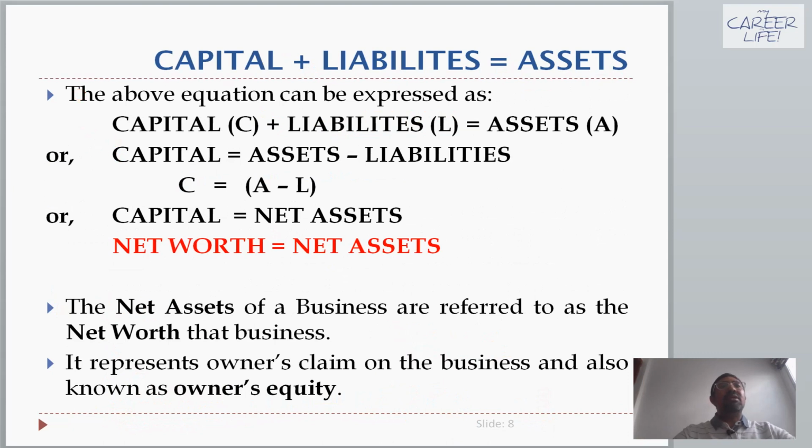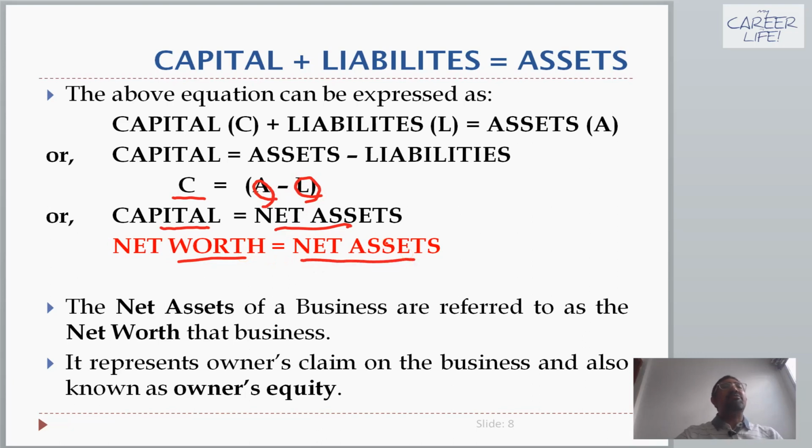So if we look at the equation, you'll see that capital plus liabilities will equal assets. So at any point in time, we are able to find what capital is. Capital here, you can see, is the net assets. That means we look at all the assets minus all the liabilities, then we get what we refer to as the net worth of a business, which is equal to the net assets.